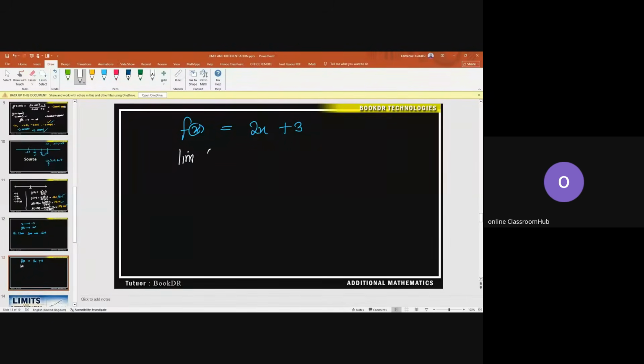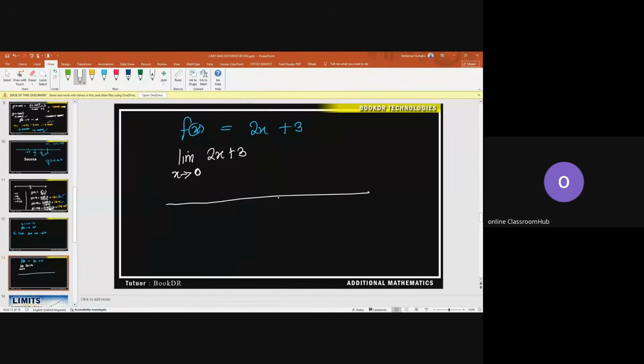This is how it is written in the notation: the limit of 2x plus 3 as x gets closer to 0. So this is the notation, take note of it. When you see this, this is how it is read: limit of 2x plus 3 as x approaches 0.